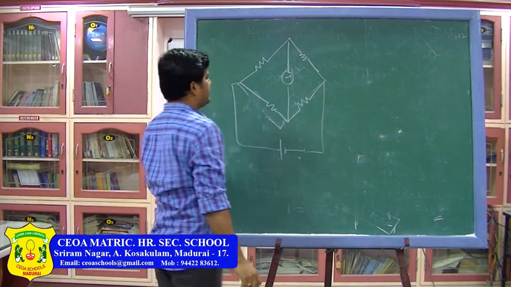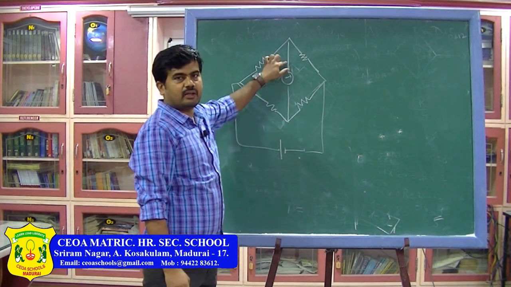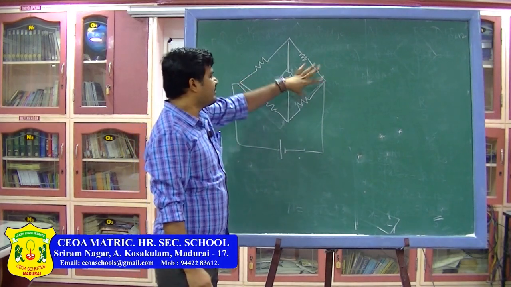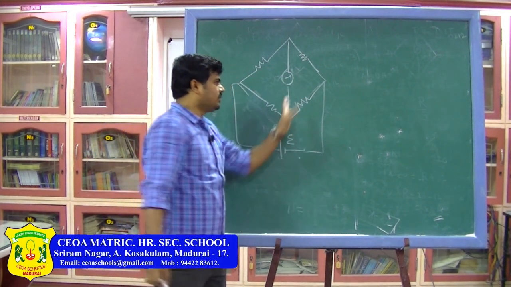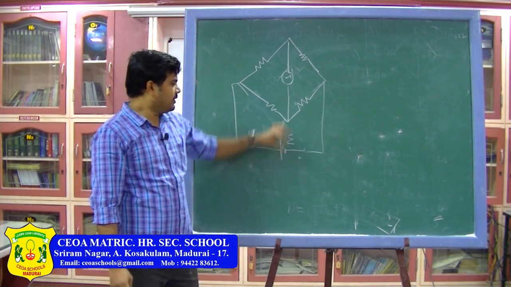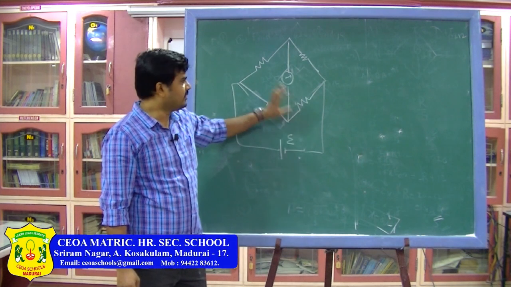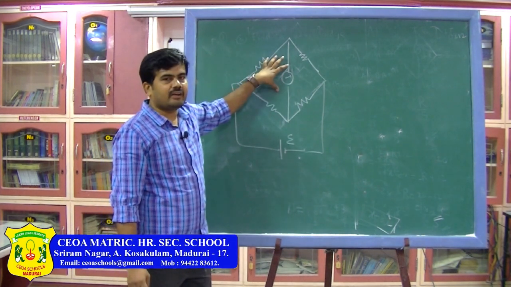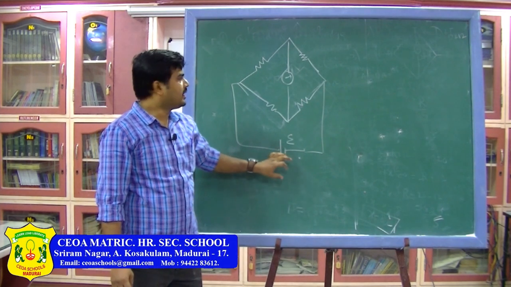So, in other ways you can also draw this circuit by interchanging the positions of galvanometer and battery, because the balancing condition is independent of the EMF value. If you see the derivation of the balancing condition, we did not use the value of EMF anywhere in the equation. That means the balancing condition of Wheatstone bridge is independent of the EMF of the battery connected in the circuit.